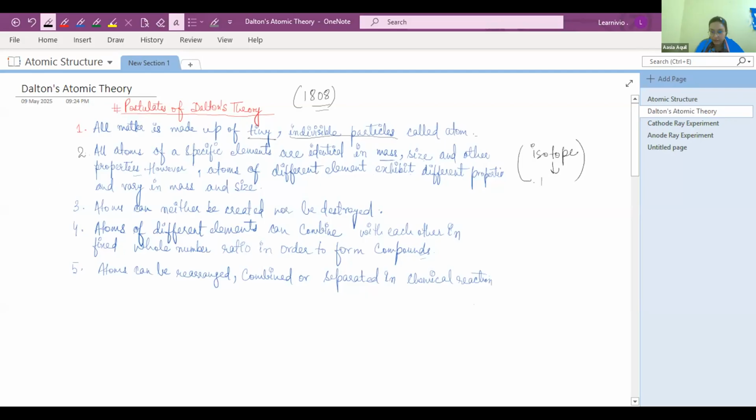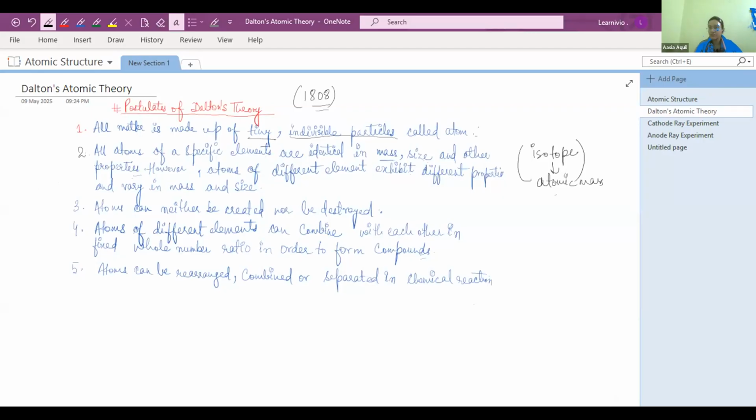But he said that all atoms of a specific element are identical in mass, size, and other properties. Here in isotopes, the atomic number is the same, but the atomic mass is different. He didn't give the concept of isotope and isobar.